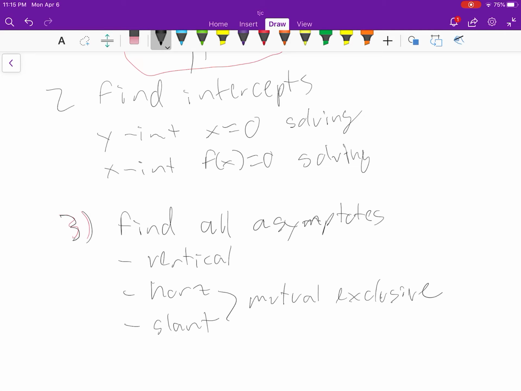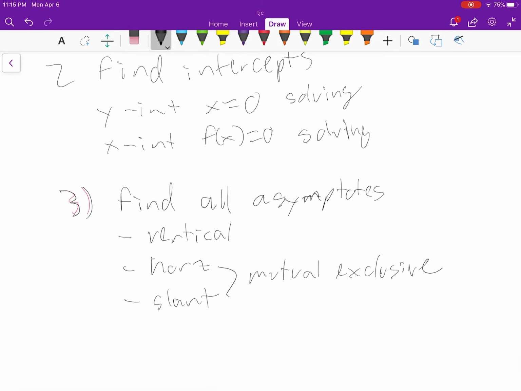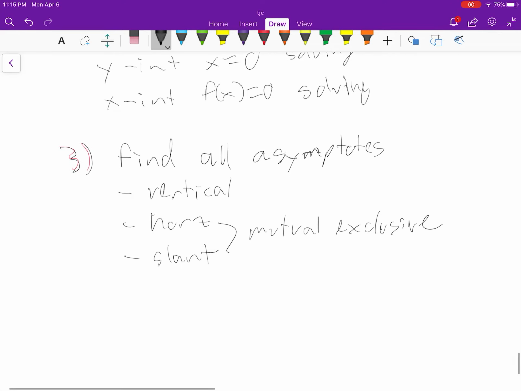All right. Okay. Then once you have your asymptotes, you just have to plot a bunch of points. You just do a T-chart and make sure you have points on all sides of the vertical asymptotes, in between all vertical asymptotes.